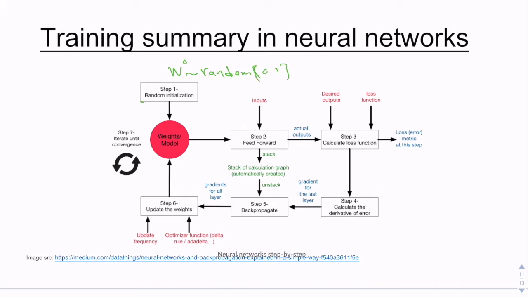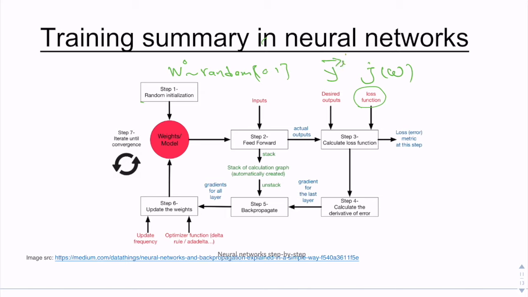So all the weights of all matrices are set to random values. Then we do the feed forward. Using these random weights, we compute the error, and then we have the loss function. This is the J(W) we described here, and then we have the desirable outputs, these are the y vectors for i equal 1 to n.